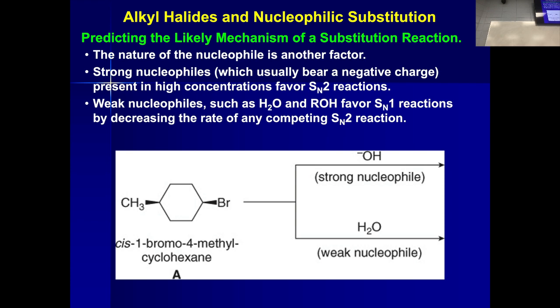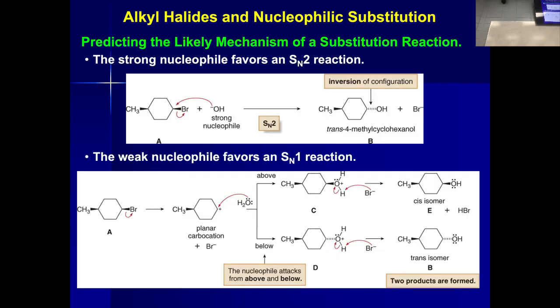I got a carbocation intermediate in the second one, right? And so, yeah, it's exactly as you would expect, right? So this methyl group and this bromine are cis to one another. I react it with a strong nucleophile. It goes through an SN2 reaction, and now I end up with the OH and the methyl group being trans to one another, as you would expect, just as she described.